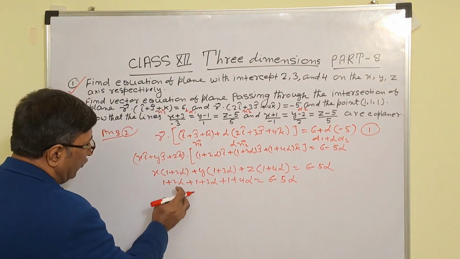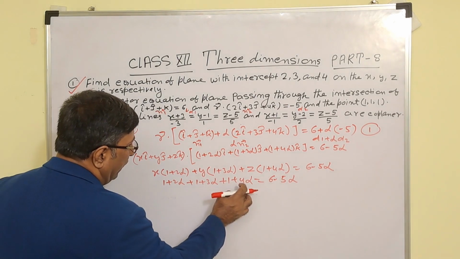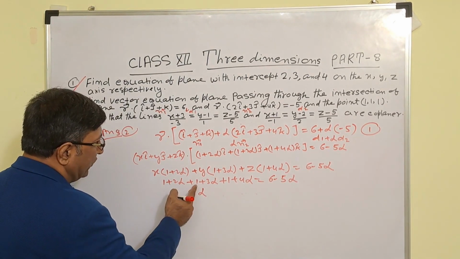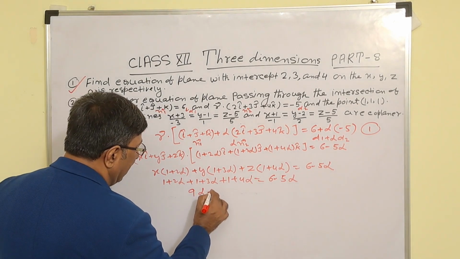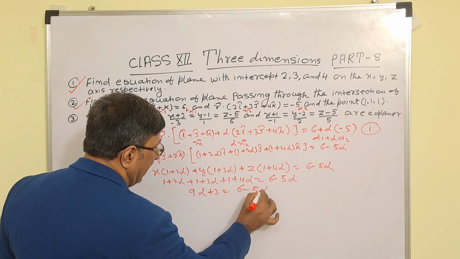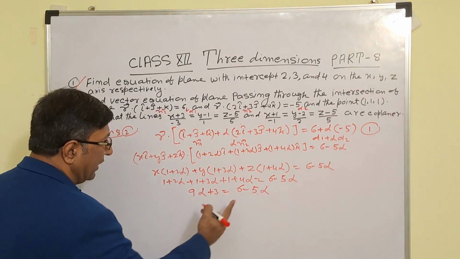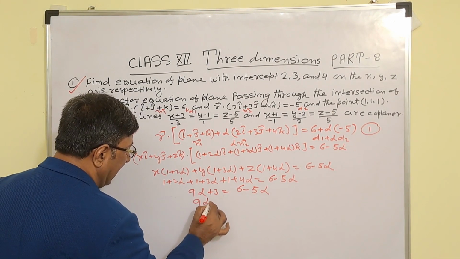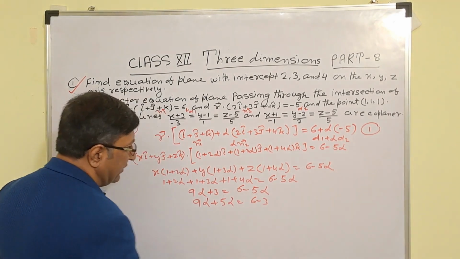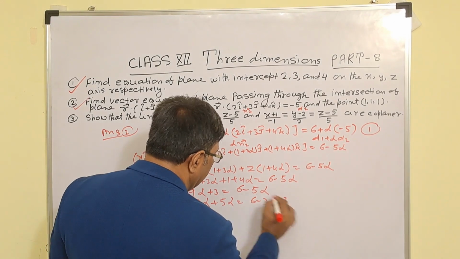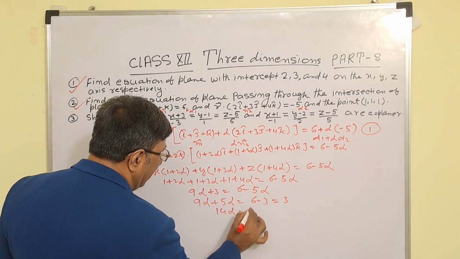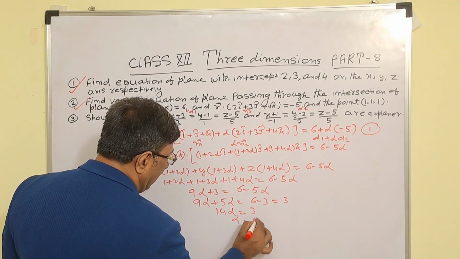Now 2 lambda, 3, 5 and 4, 9, so this is 9 lambda. Here 1 plus 1, 2 plus 1, 3. So 9 lambda plus 3 equal to 6 minus 5 lambda. So 9 lambda plus 5 lambda equals 6 minus 3, which is 3. 9 plus 5 is 14, so 14 lambda equals 3.